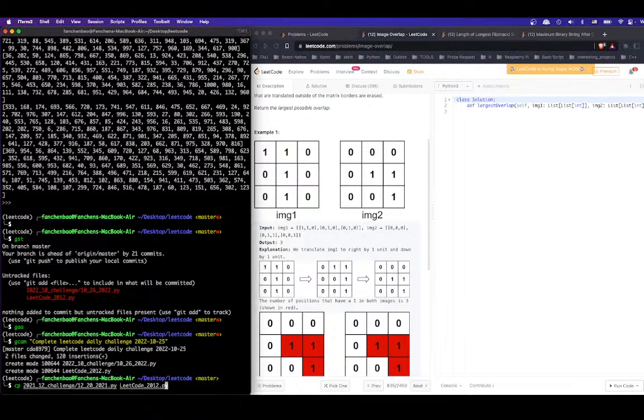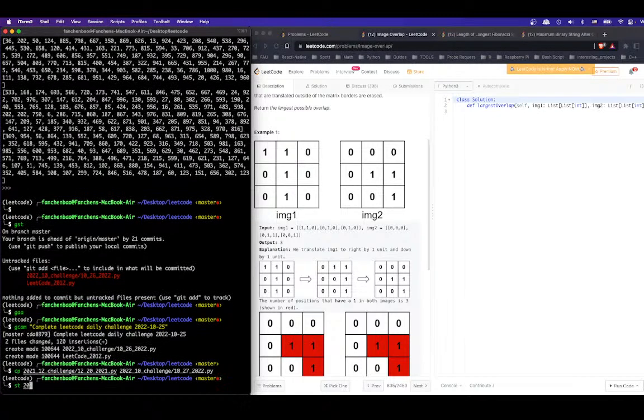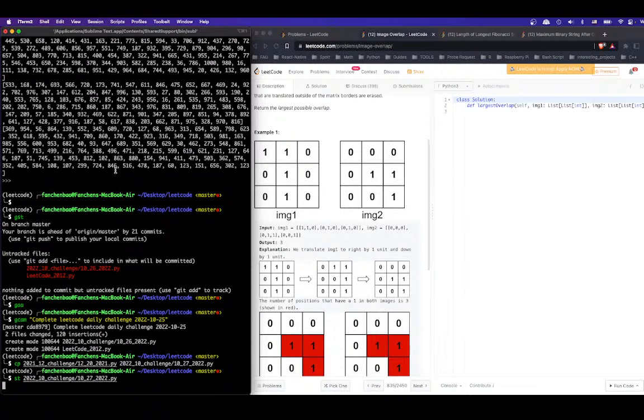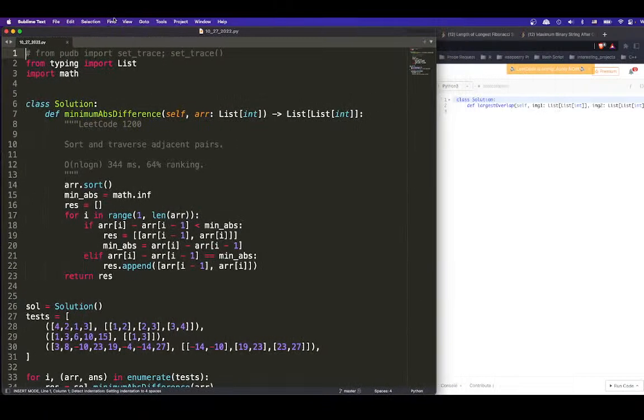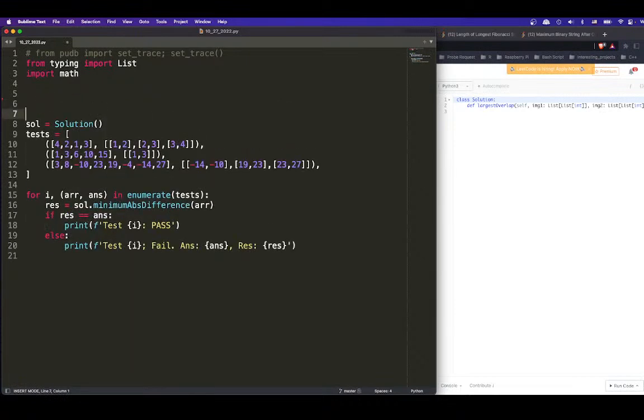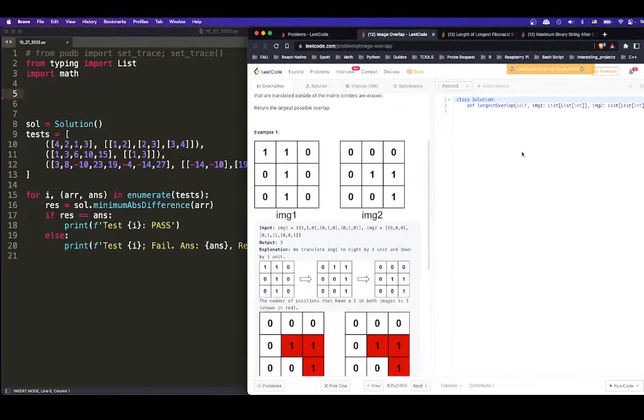Oh, this one's not easy. A lot of moving parts. But basically it's going to be brute force. We're going to brute force this thing, but it can be made a little bit smarter.